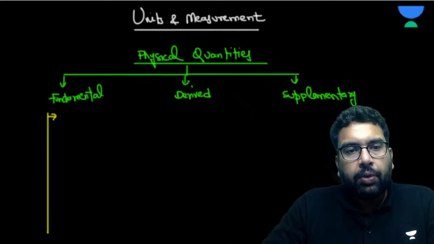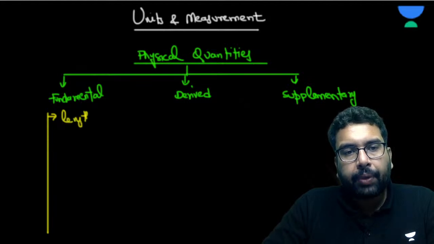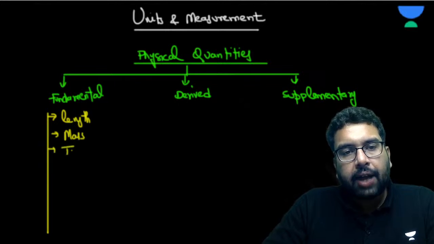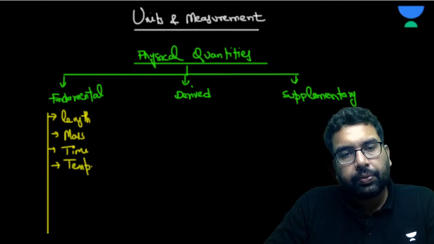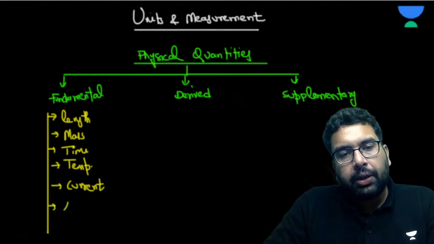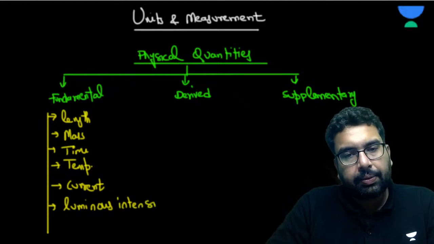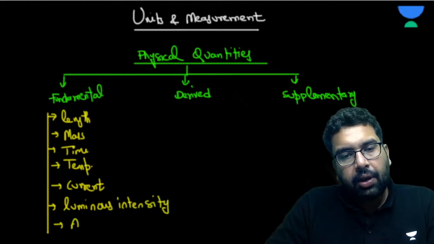Now, what are the fundamental quantities? The live students can tell me. So we have the length, the mass, the time, the temperature, the current, the luminous intensity, and the amount of substance.